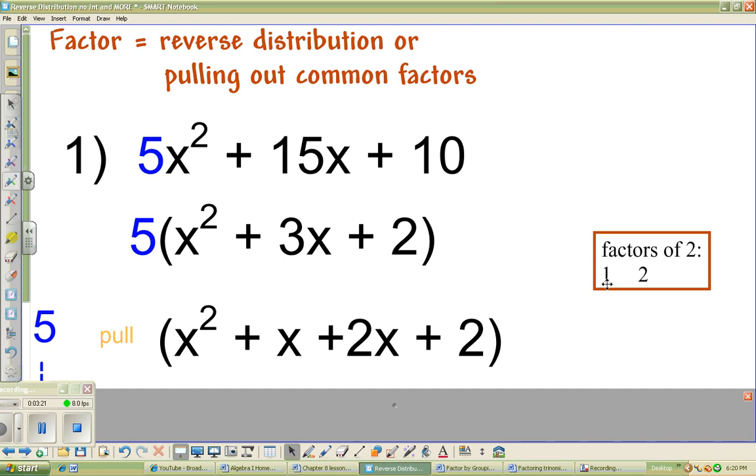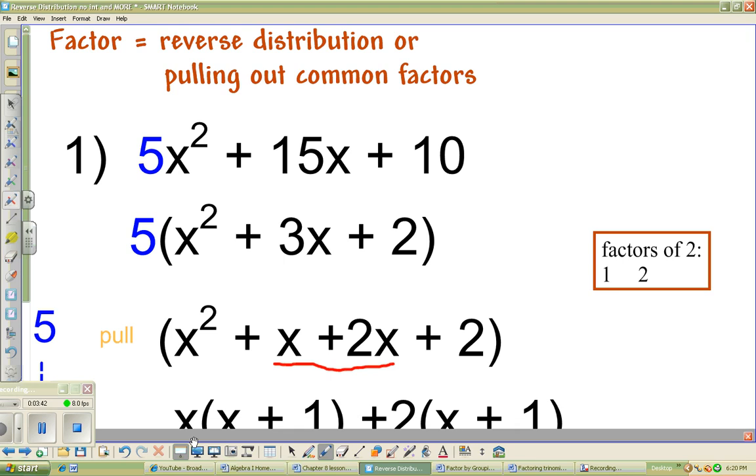And obviously 1 plus 2 do give us the 3. So once we understand that we're going to break apart this 3x into 1 plus 2, we rewrite the 3x's as 1x plus 2x. That sets us up for factoring by grouping, which we've already done.